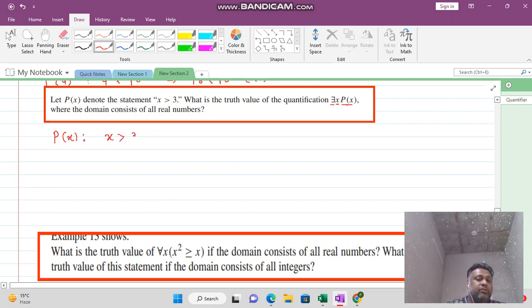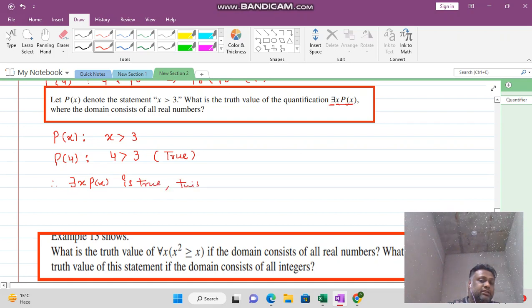You may take 4: if you set x equal to 4, then 4 is greater than 3, so it is true. It may be false for other values, but we are just saying that there exists some x for which this P(x) is true.